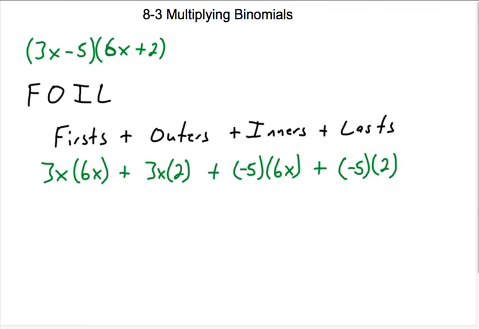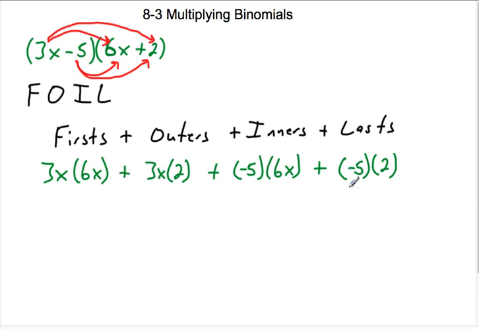So that way we were able to multiply the 3x to both of those, that's the firsts and the outers, and then the negative 5 is going to be multiplied to the 6x and the 2, those are the inners and the lasts. Okay, so FOIL is a good way to remember that you're getting everything.